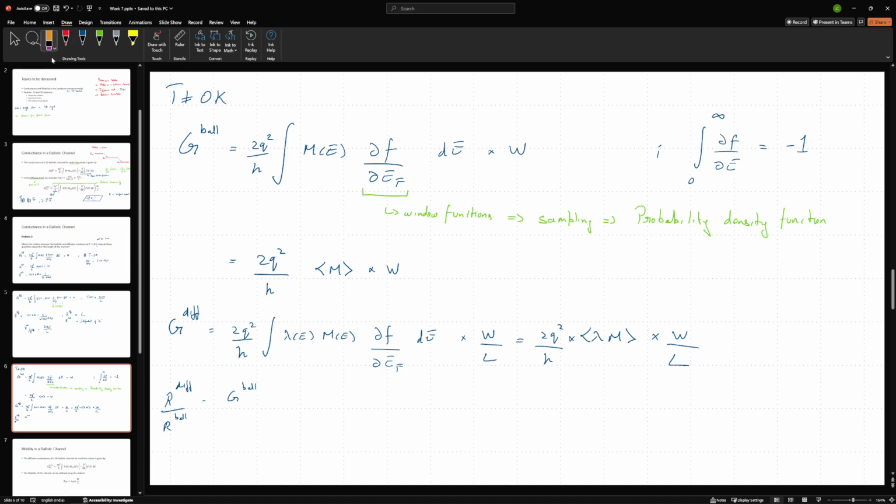So it should be the reciprocal of this. So therefore, R ballistic divided by R diffusive is equal to G diffusive divided by G ballistic.